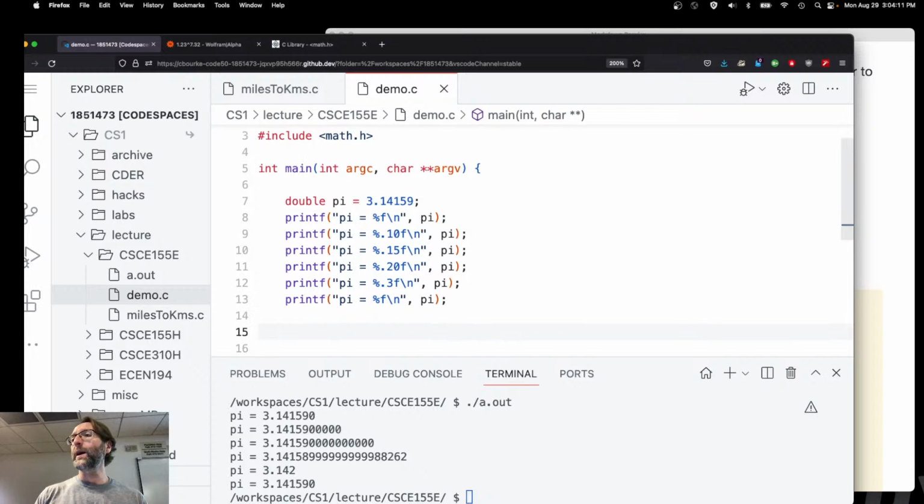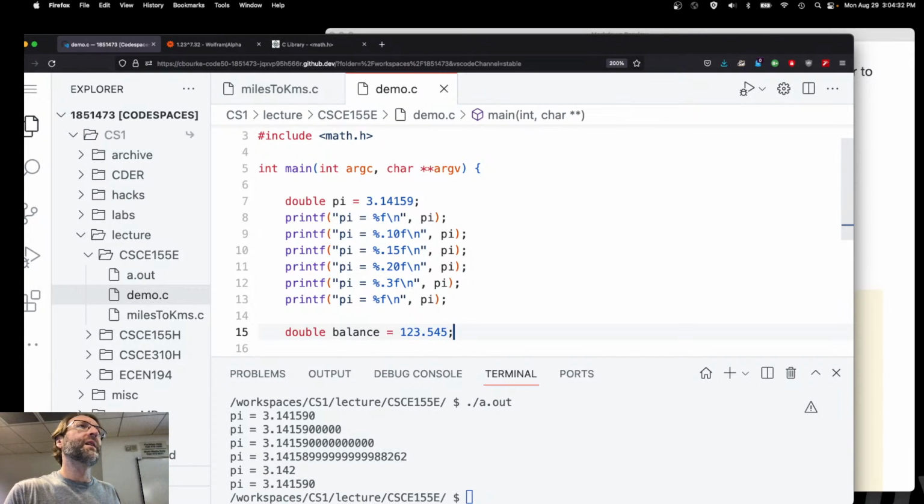Let's suppose that I had a balance instead, double balance equals $123.545. This isn't merry old England. We don't have halfpennies. What should this be?